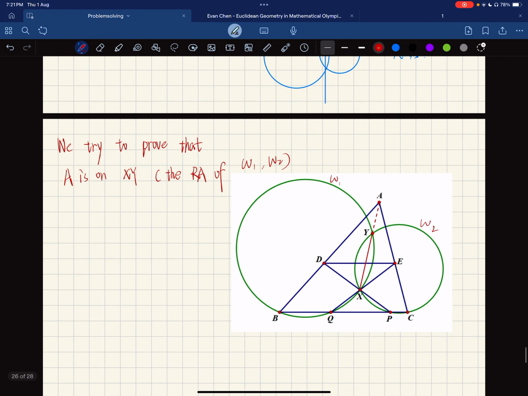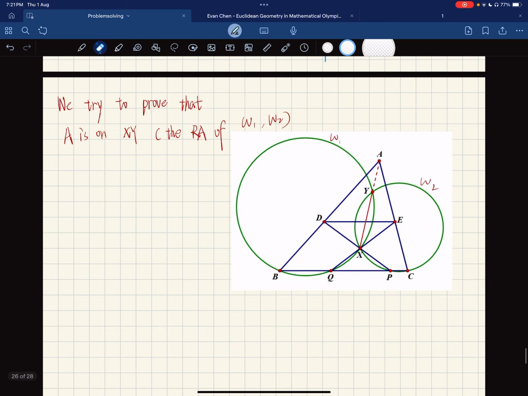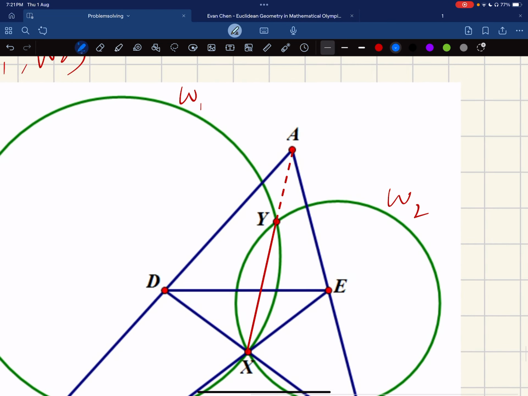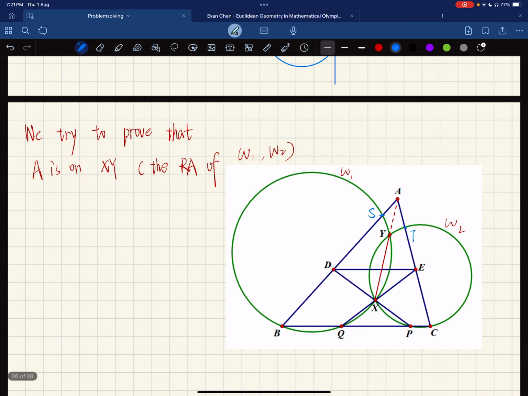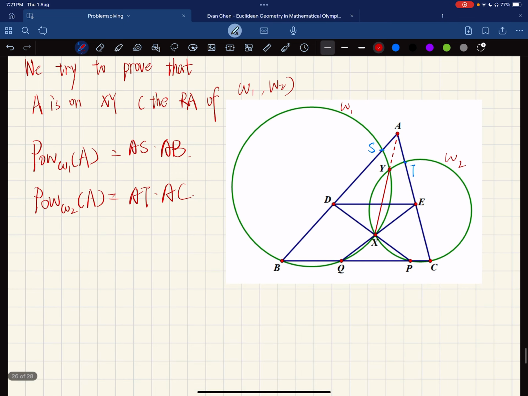So we should use the power of a point. We denote the points, for example, this is S and this is T. Then the power of A to omega 1 equals AS times AB, and the power of point A to omega 2 equals AT times AC. If that holds, then AS times AB equals AT times AC, so AS over AT equals AC over AB.